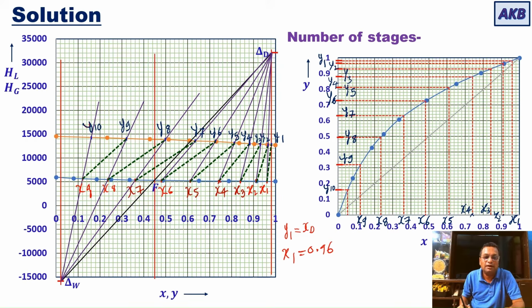And then I'll go to the equilibrium curve and get the corresponding value of x10. This is x10, and you can see it comes out to be 0.05. So with this value of x10, I come back to the enthalpy concentration diagram and locate x10 over here.